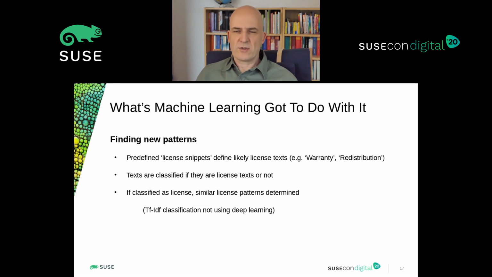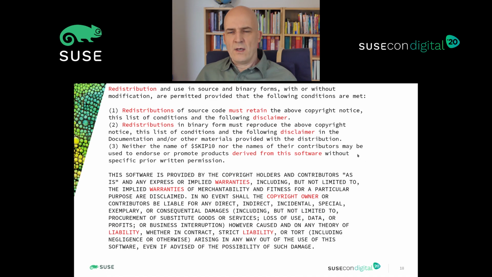And this is not so much machine learning, this is a very old algorithm, it's not so important, but it's a very classic text matching algorithm. And how it works is, as I mentioned, the red words on the screen are the ones that are known as marking license texts: redistribution, must retain, disclaimer, copyright owner, liability.